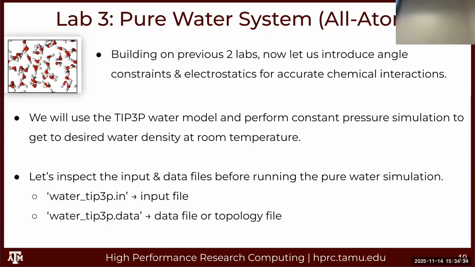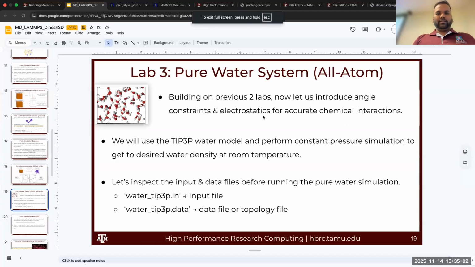Any idea what the water density at room temperature, 25 degrees C, is? 1 gram per cc, or 1 gram per centimeter cube in this case. So the objective is, can we do a simulation where the system reaches that? If it does, then we know we are actually doing a correct water simulation because it behaves like water.